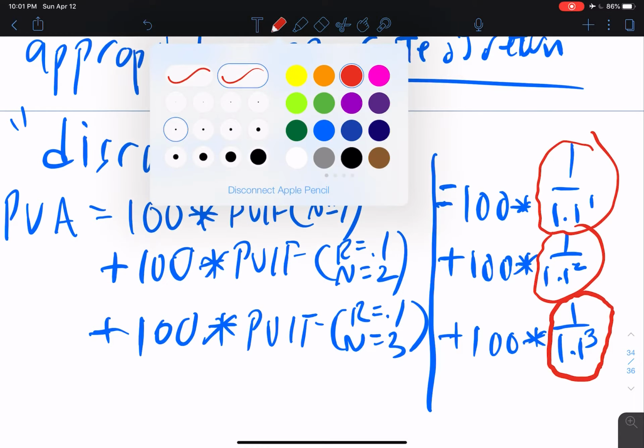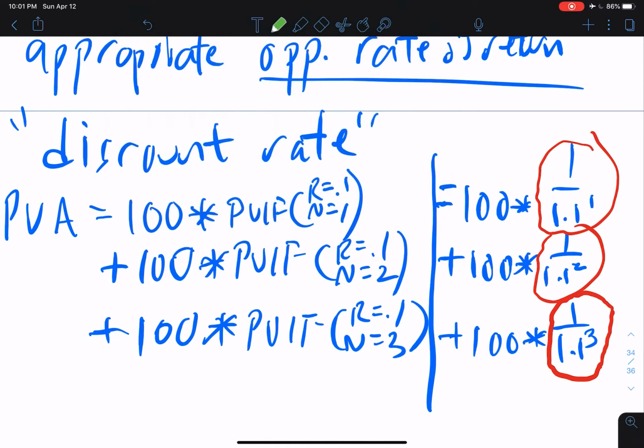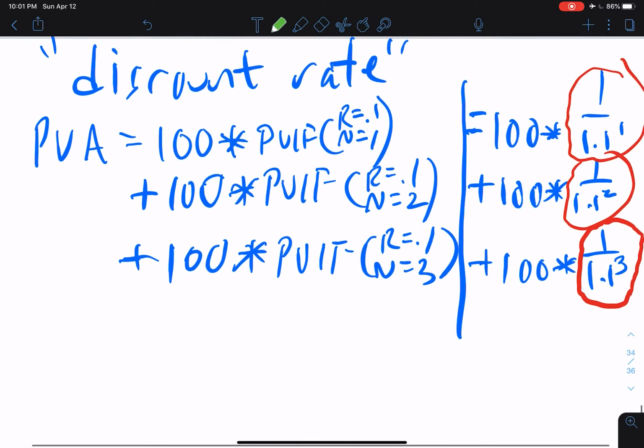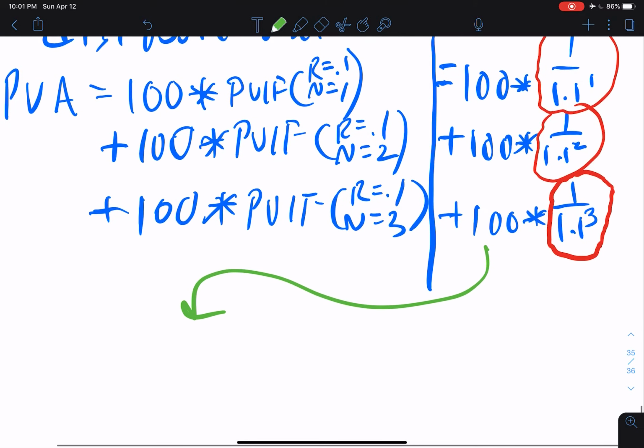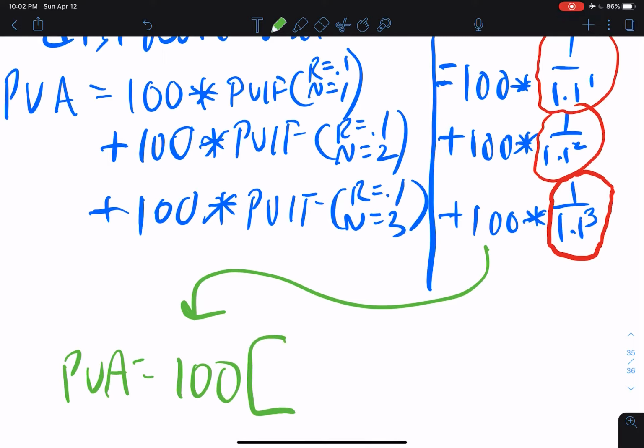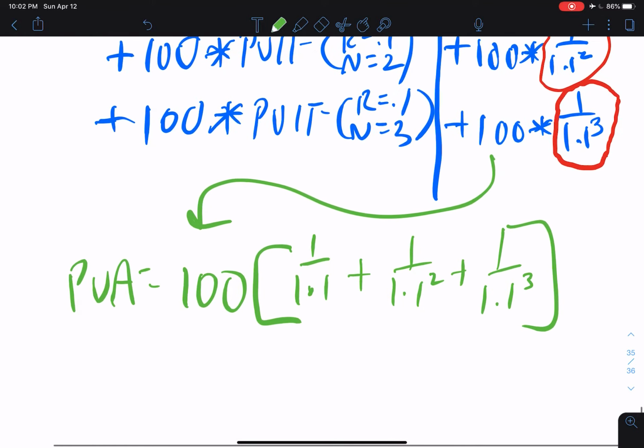And of course, I will factor it out using green. Why not? So then my next line here becomes the present value of the annuity equals 100. And then in parentheses, I'll have 1 over 1.1 plus 1 over 1.1 squared plus 1 over 1.1 cubed. And we see here that that's the ACF, the annuity cash flow.